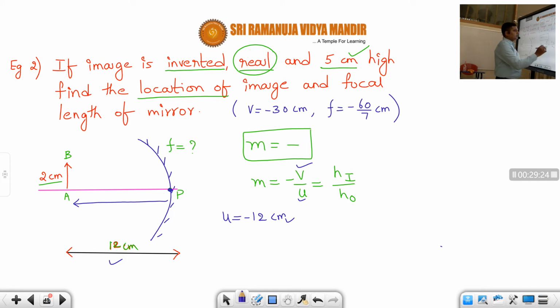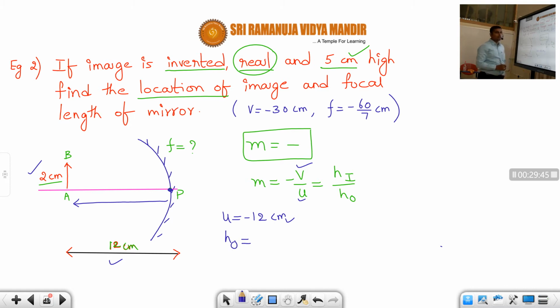Now let us see what is the focal length and what is the location of the image, that is V. The object height is given as how much, students? 2 centimeters. That is nothing but the height of the object.